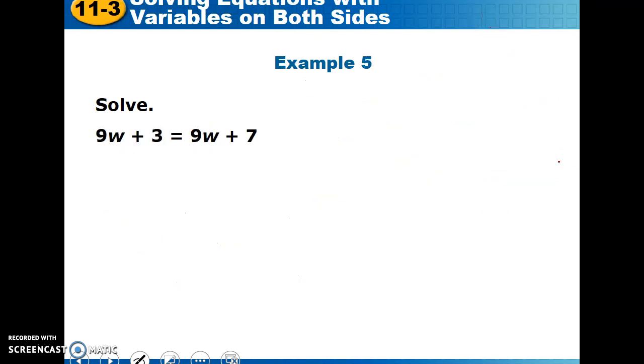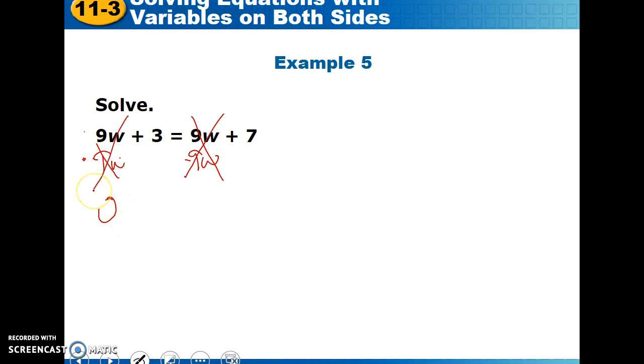Okay, so this example is going to challenge you a little bit. We have 9w on both sides, but we need to get the variables all to one side. So I'm going to follow the pattern we've been doing, and I'm going to subtract this 9w here and subtract this 9w. But here's the deal. 9 minus 9 becomes 0. But if I do 9 minus 9 here, that also becomes 0.